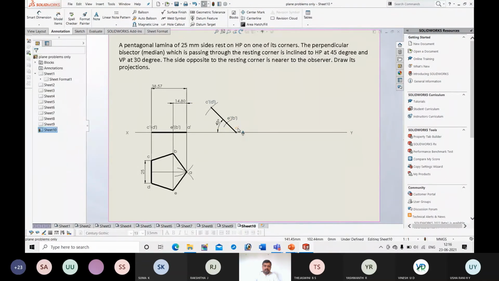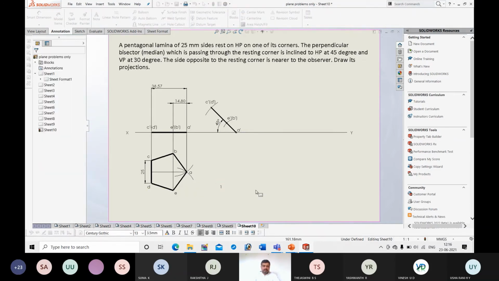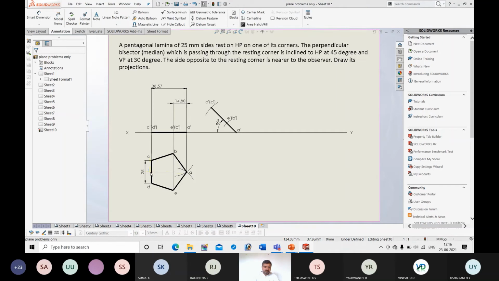Now I have satisfied the first condition, that is inclined at 45 degree. So the perpendicular bisector, that is A to 1, if I name this point as 1, just for convenience.